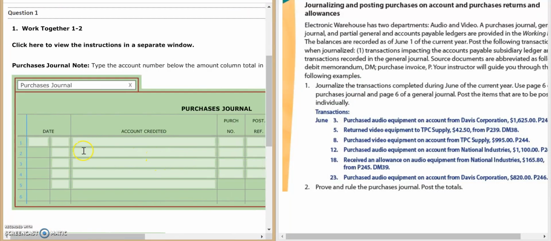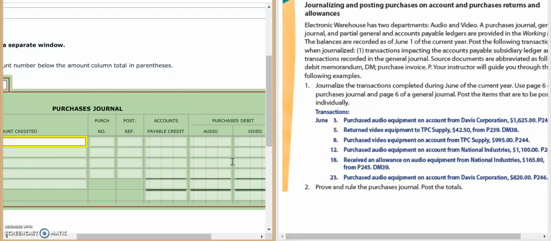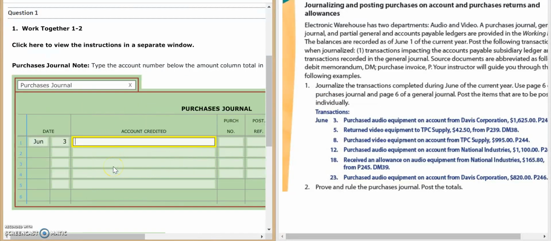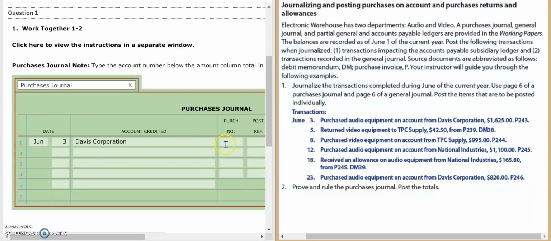On June 3rd, we're going to put in June, just like we've done before. The account that's going to get credited is the Davis Corporation, because remember, this is going to go to our accounts payable credit. So this is for Davis Corporation. Our purchase number was 243.